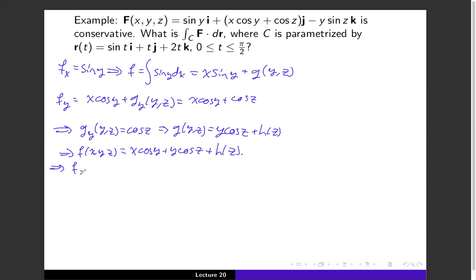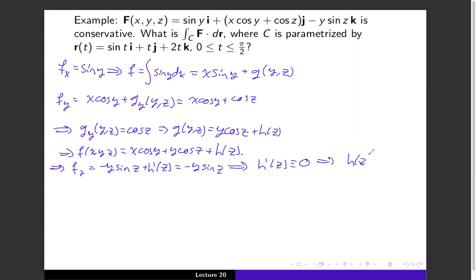But I do know that f_z is negative y sine z plus h prime of z, which we're told is negative y sine z, which tells us that h prime of z is 0.